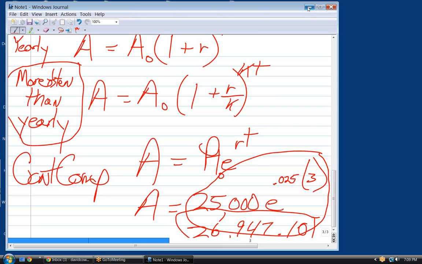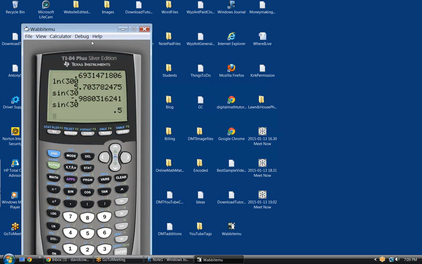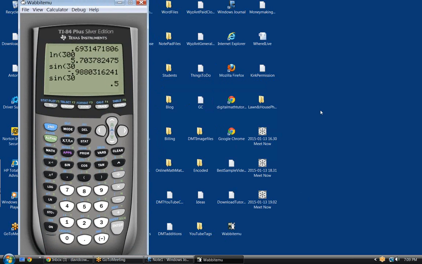What kind of calculator do you use? TI-84 plus. Look what I found online. Hopefully it won't crash my whole program. A virtual TI-84 plus for free. You probably paid $200 for yours just like I paid $200 for mine.